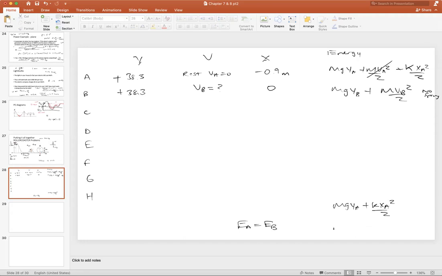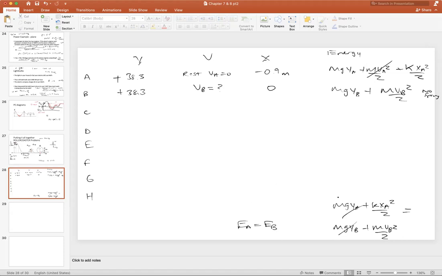And the energy at B is mgyB plus mvB squared over 2. Since these things are equal, you can set these two things equal to each other to solve for vB, let's say, because we already know xA and we know k, and we know m. But yA and yB are equal. So these two terms will actually cancel when you set EA equal to EB.